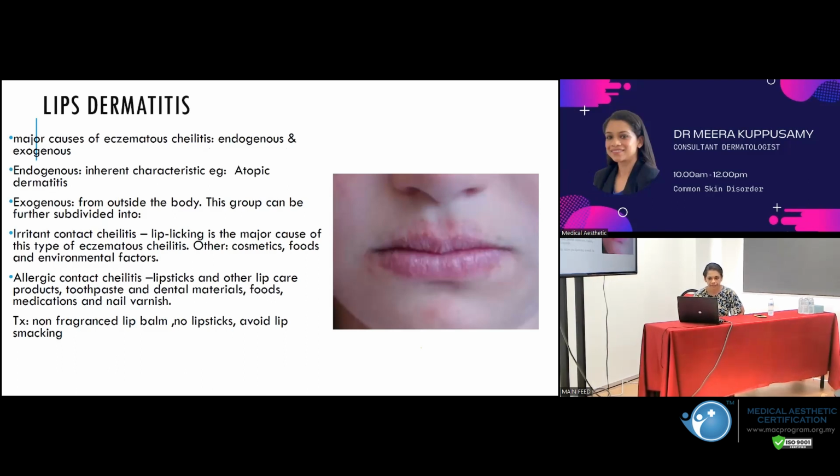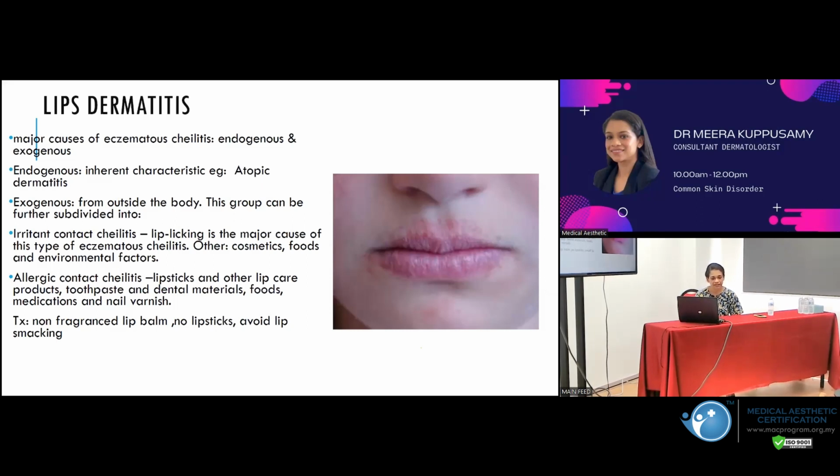So lip dermatitis, the reason that it's difficult to treat is because it has many causes, multifactorial, because the lips touch so many things, and also the patient has a genetic predisposition. Some patients have atopic dermatitis that just presents as lip dermatitis. Then some behavior of the patient, like they like to lick the lips. Licking the lips also can cause a form of irritant contact dermatitis, right?